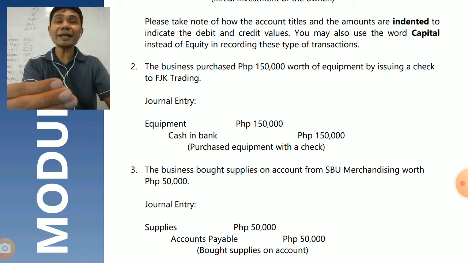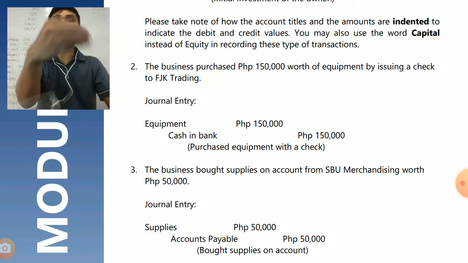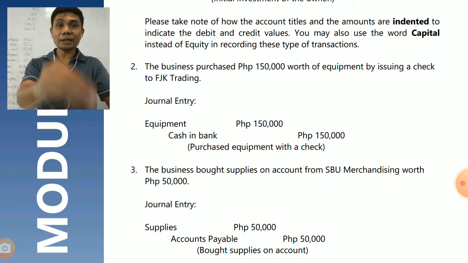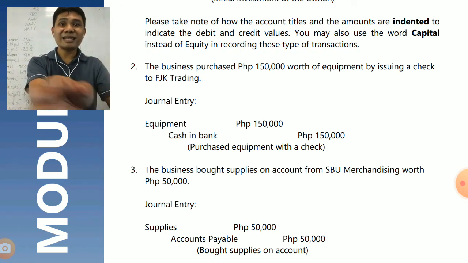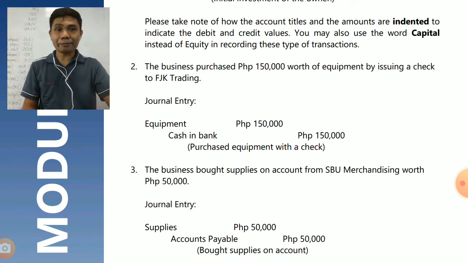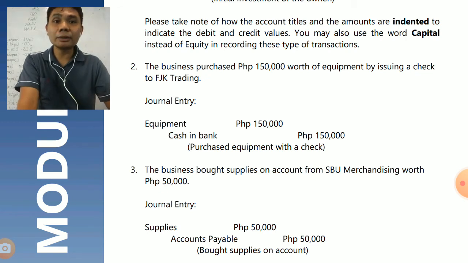Remember nga ang cash in bank or kwarta sa bangko is an asset. And an asset has a normal balance of debit. Meaning to increase cash in bank, i-debit unta siya. Pero in this transaction, decrease man siya, kay gigamit ang cheque or cash in bank pagbayad sa equipment.